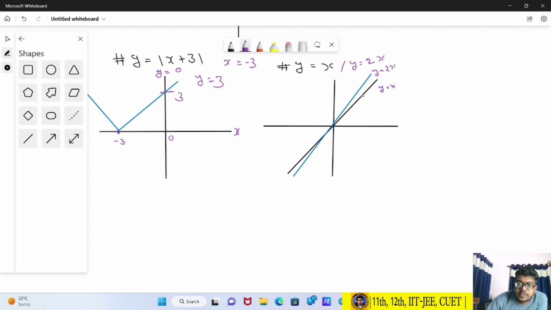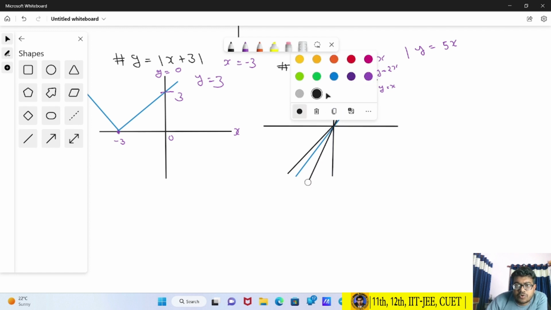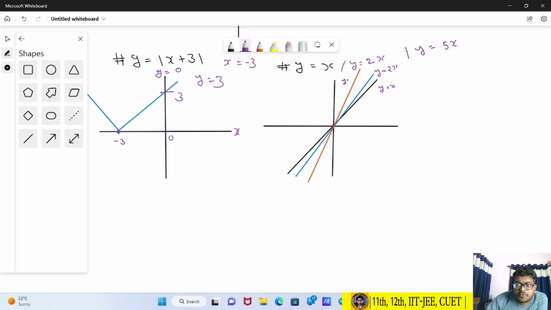And if we draw y is equal to 5x, it looks like this. The red color is y is equal to 5x.